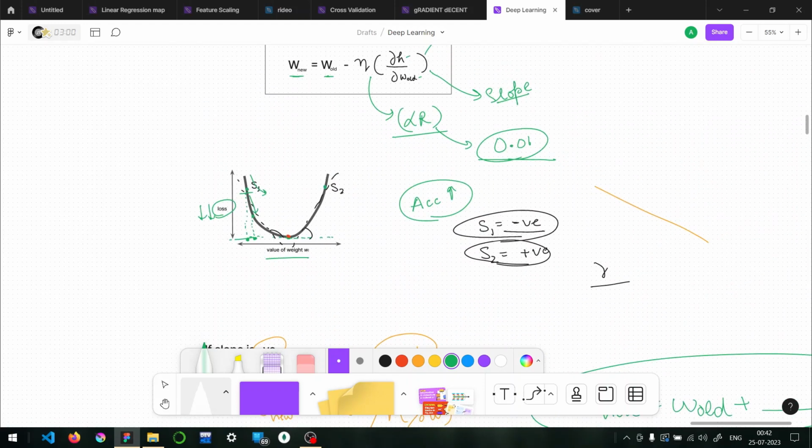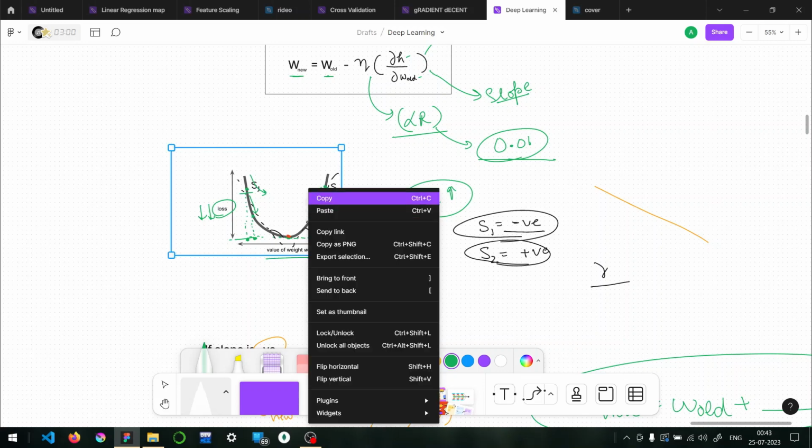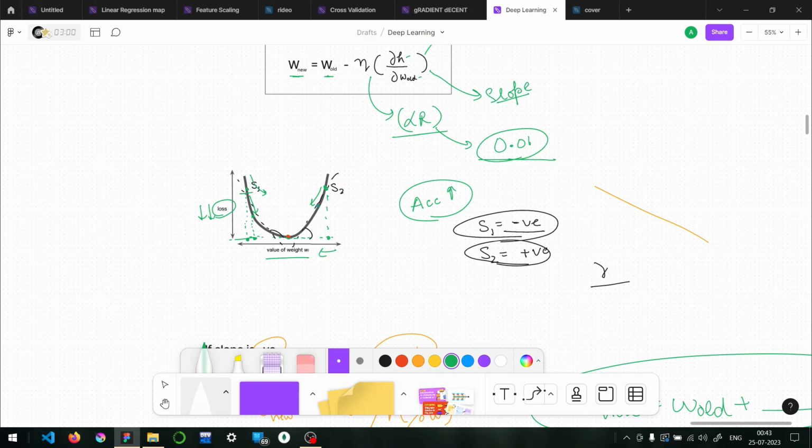In scenario two, our value lies here, and the weight is going to be decremented in order to reach the state where the value of the loss function is very low. So it is approaching that point from the right direction.